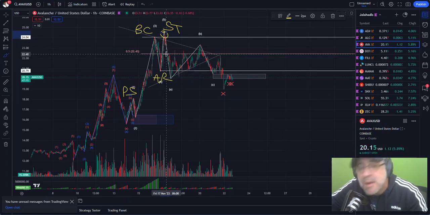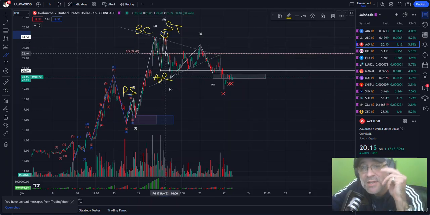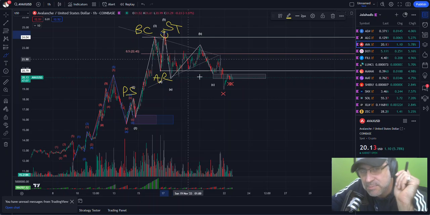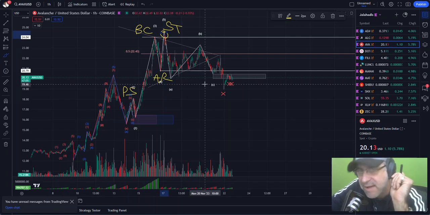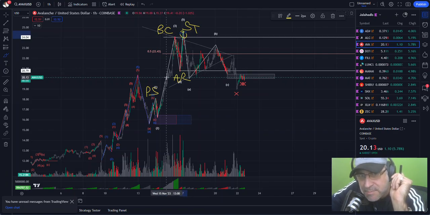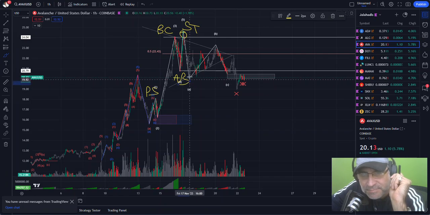And now this is what clues me in that this is potentially a distributive range and that we can expect a bleed out. We can expect much lower prices for Avalanche in the near future. If you look after the automatic rally, the secondary test came back down to mitigate the automatic rally here.